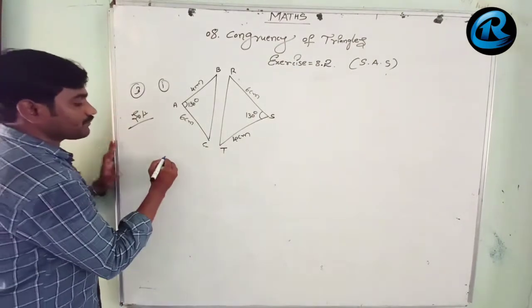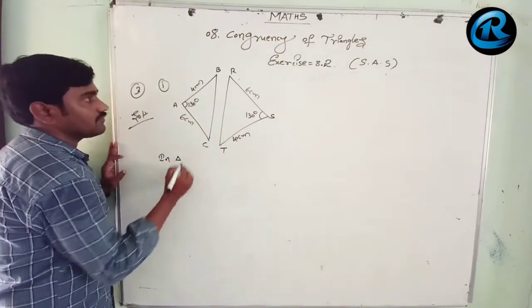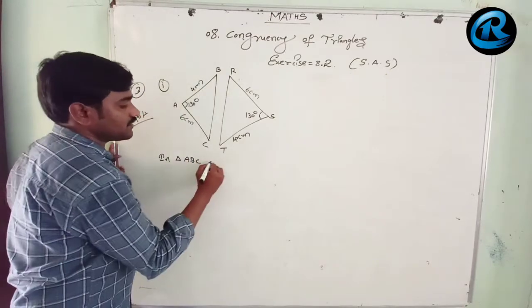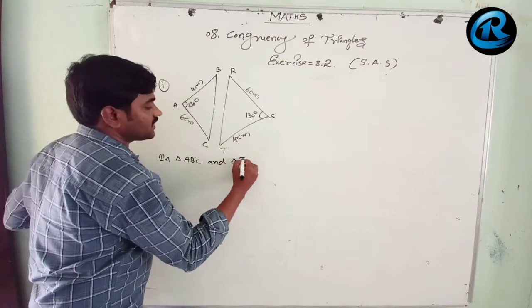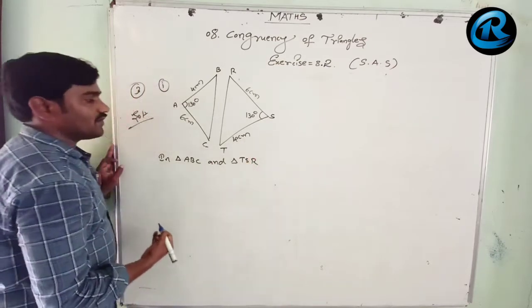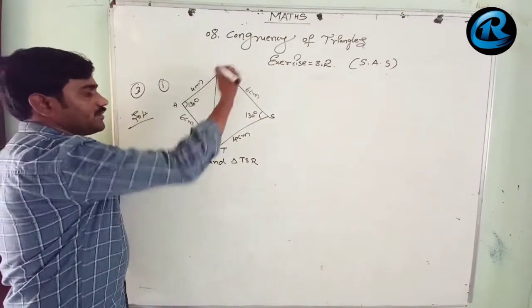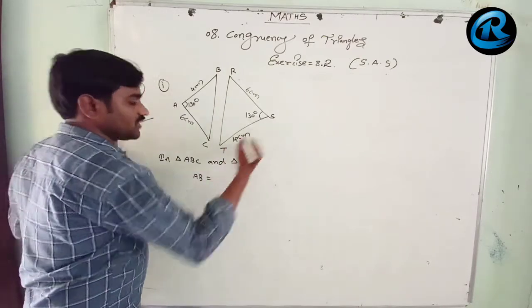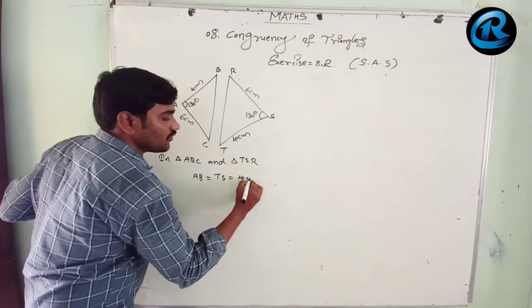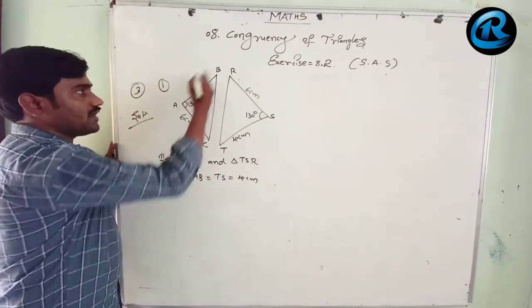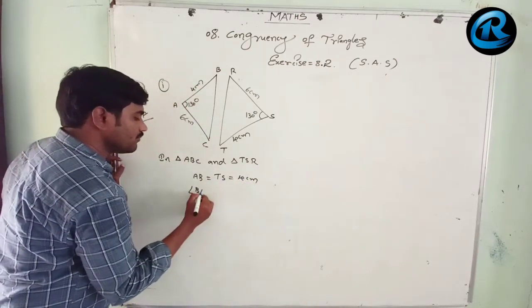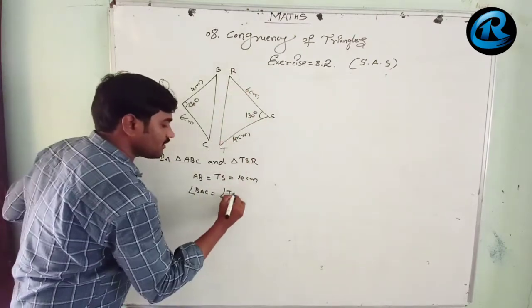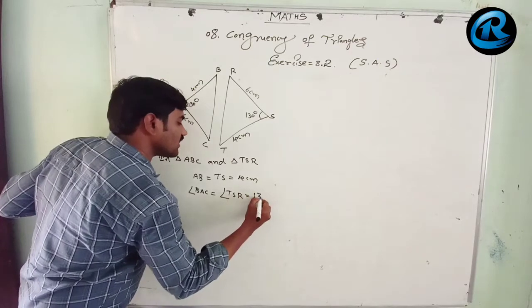Now we can write in triangle ABC and in triangle TSR, AB is equal to TS, equal to 4 centimeters, and angle BAC is equal to angle TSR, equal to 130 degrees.